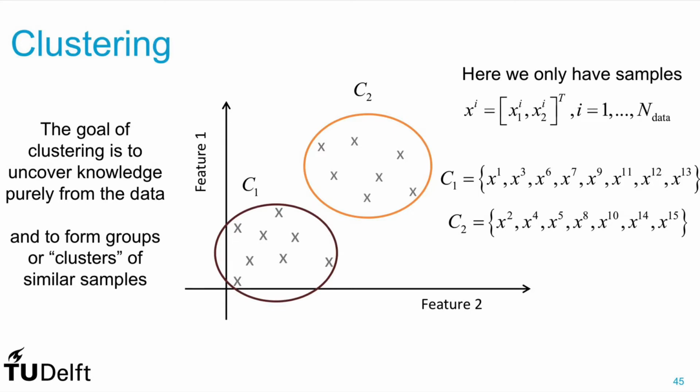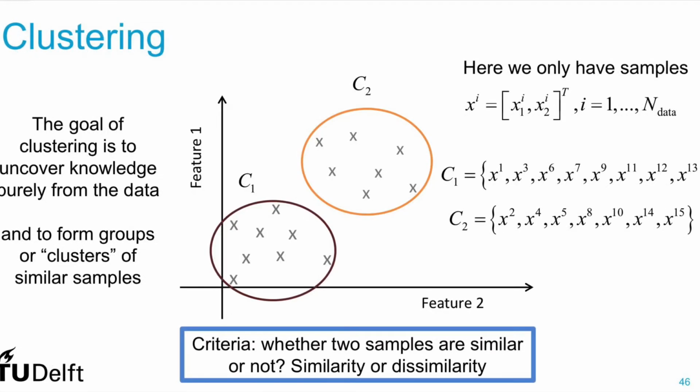And when creating the clusters, what we have to define is a criterion: whether two samples are similar enough to belong to the same cluster, and also whether two samples from different clusters are sufficiently far away to be considered members of two actually different clusters.